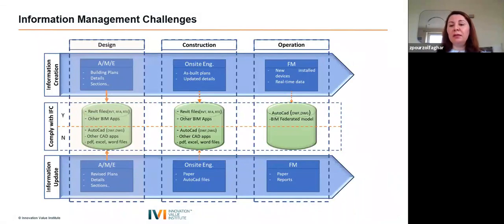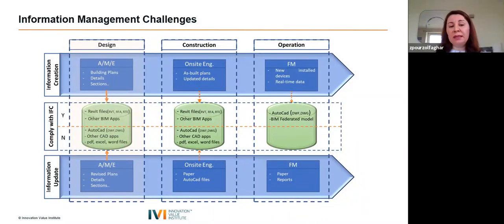Here we have some more details about what the exact challenge is for information management. As we mentioned, information is created during different phases of the building life cycle: design, construction, and operation.